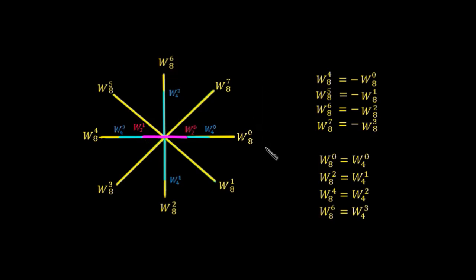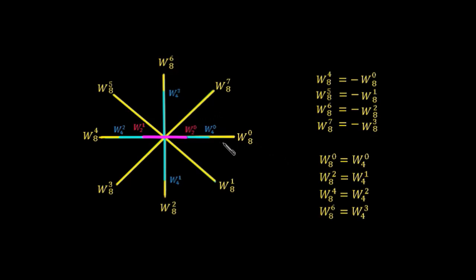So you can see some of the simplifications we have here due to the symmetry. We could say our W8^4, which is this one here, is the negative of W8^0. Also you could say W8^5 is the negative of W8^1, W8^6 is the negative of W8^2, and W8^7 is the negative of W8^3.